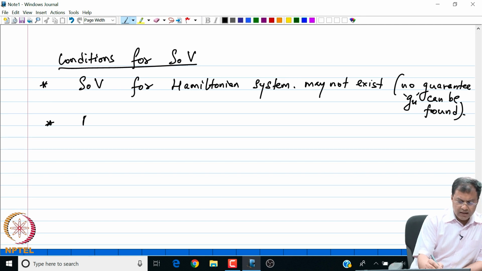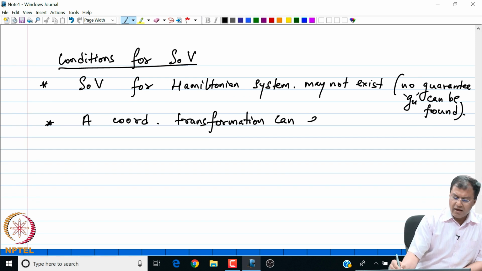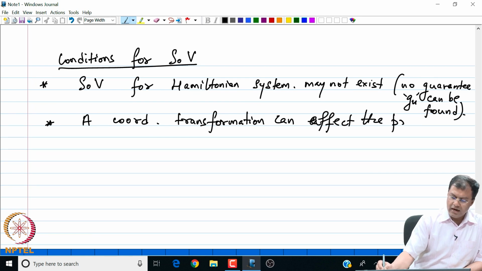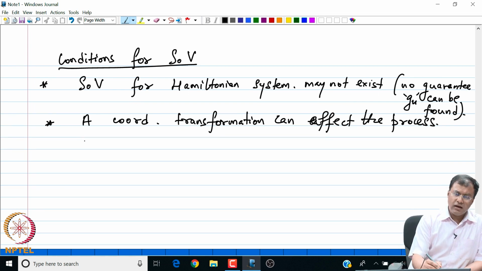We will see that a coordinate transformation can affect the process, which means that in one coordinate system the separation of variables can be done, while in another coordinate system, for the same problem, it cannot be done. We will see some examples.